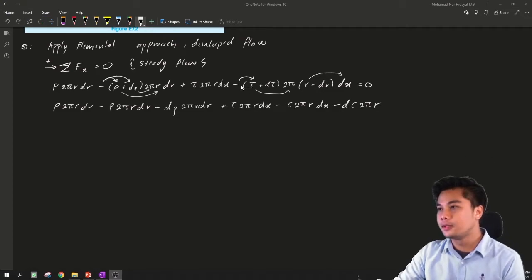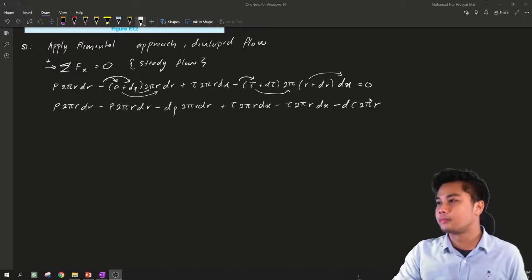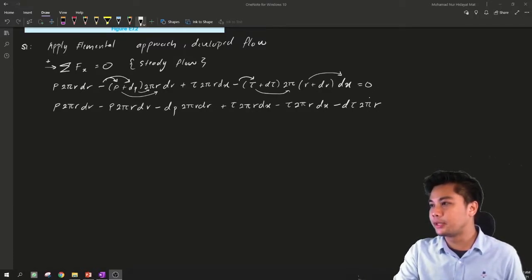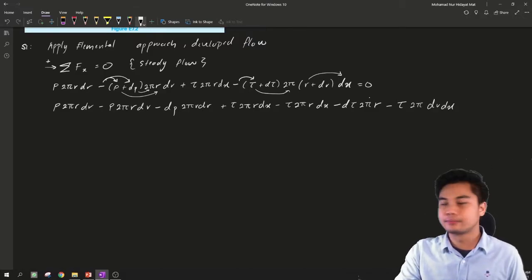Alright, after we have multiplied with this one, you can solve this one, dt. After that, you need to solve again with respect to dr. So negative tau 2 pi dr dx.